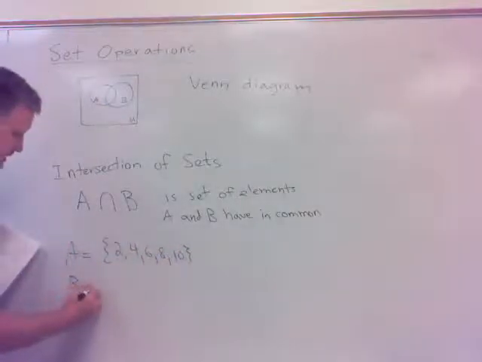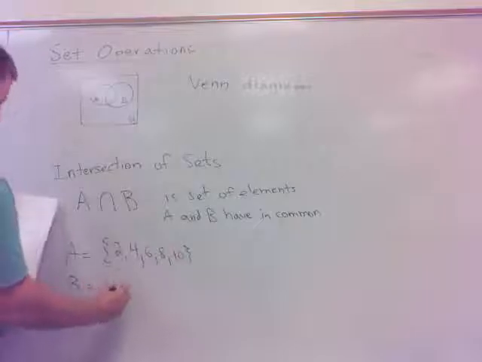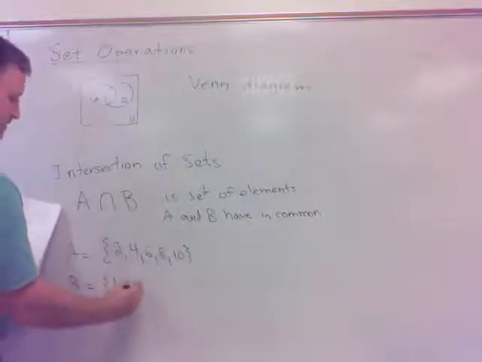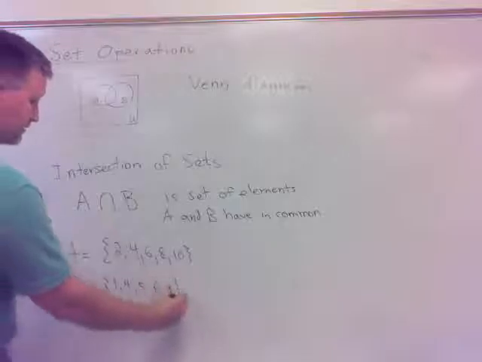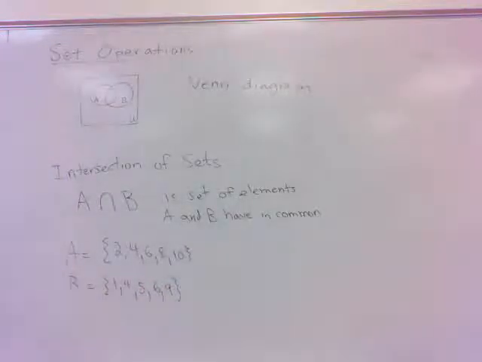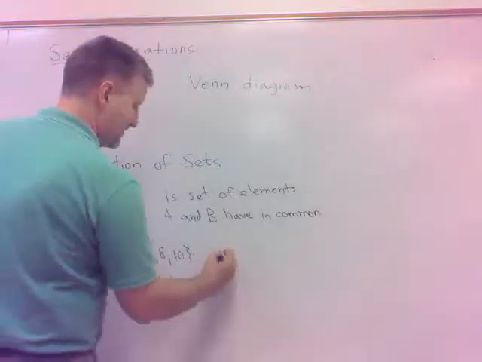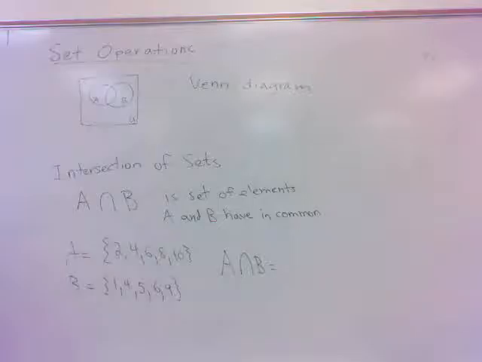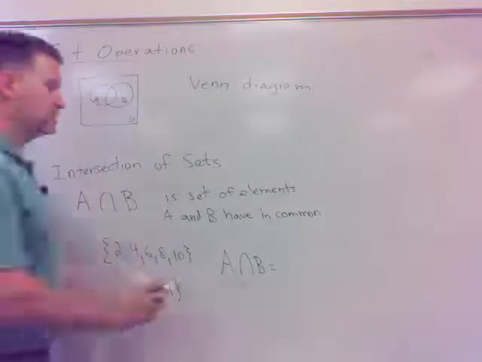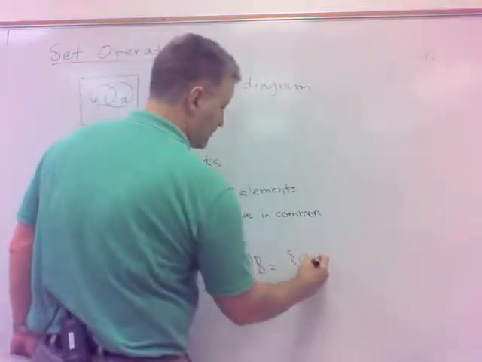And B is 1, 4, 5, 6, and 9. What's the A intersection B? Well, it's just what they have in common. What do these sets have in common? 4 is in both of them. 6 is in both of them. That's about it, isn't it? So A intersection B here would be the set 4, 6.